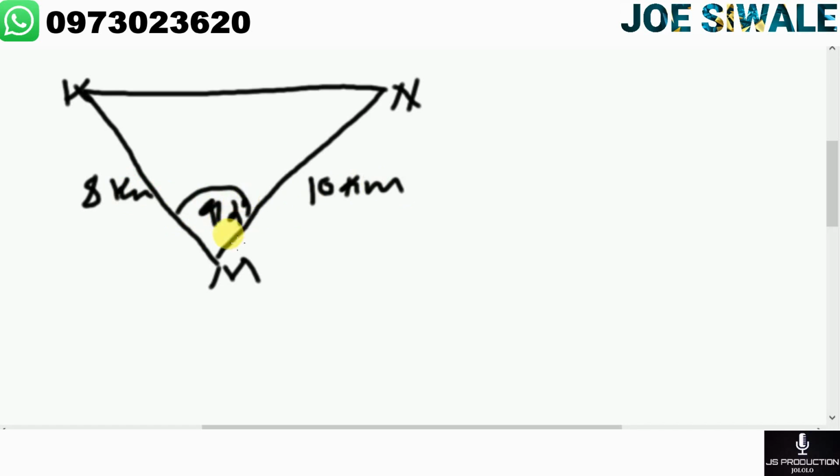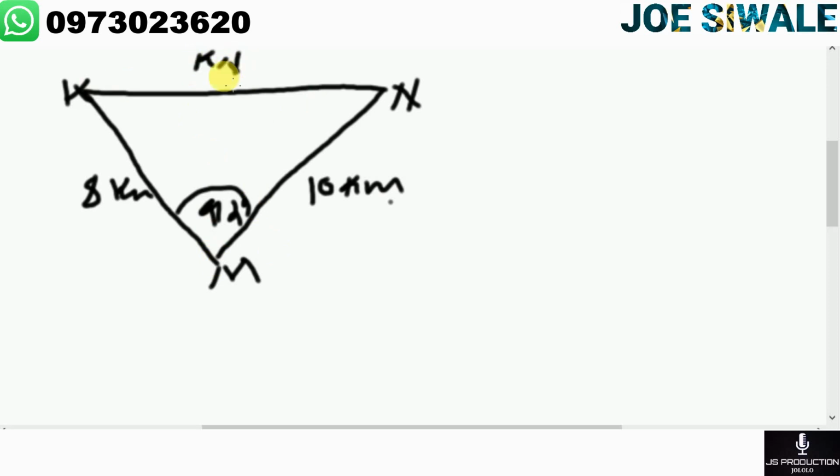As you can see, I have the length MK, which is 8 kilometers, and the length NM, which is 10 kilometers. Considering the two formulas, I'm going to use the cosine rule, because I'm trying to calculate this length, which is KN. From the question, I'm told to calculate KN.